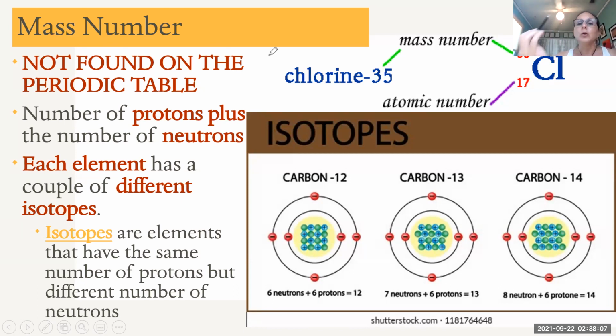All right, so your lesson doesn't really clarify this very well. An isotope is basically an element where you have elements that have the same number of protons but a different number of neutrons, okay?